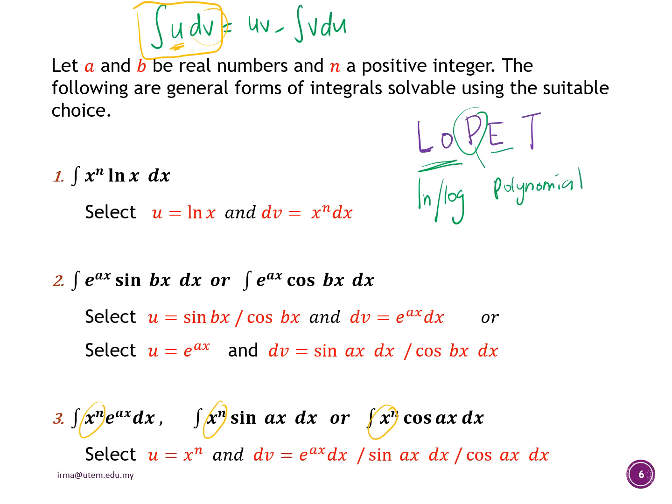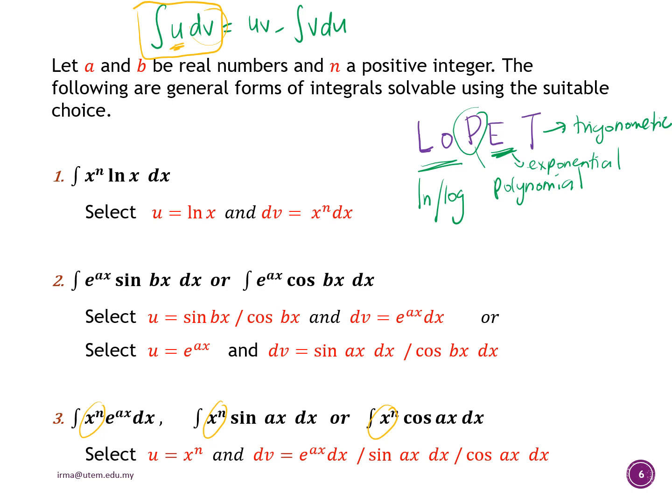E is the exponential function, and T, what do you think? T is the other function, the trigonometric function. So we have ln, polynomial, exponential, and trigonometric.